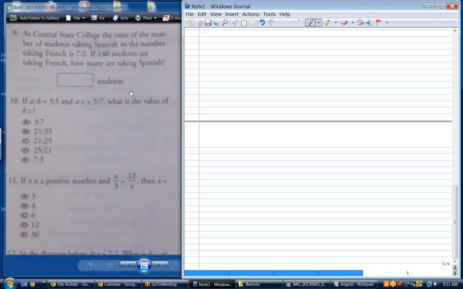Okay. Number 9, Spanish to French is 7 to 2. So what's the ratio I can set up?